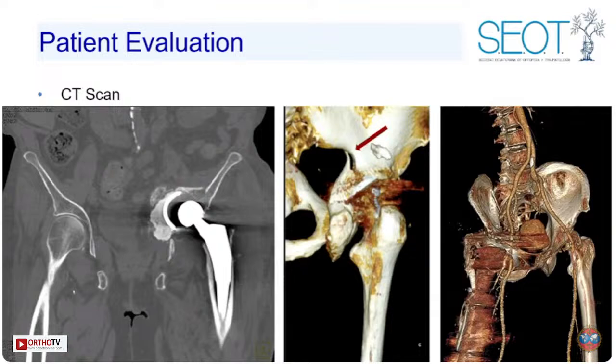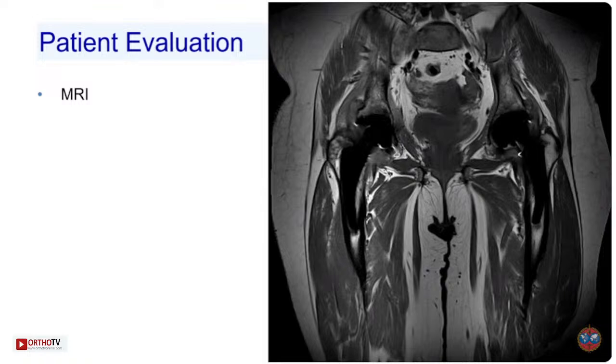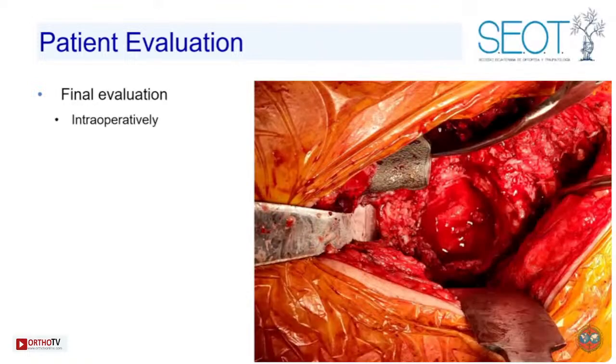It's mandatory to have a good CT scan also to check the magnitude of the defects, and to check if there are problems with the vascular components of the pelvis. And in some rare cases, we need an MRI to check, for example, for pseudotumors or for abductor mechanism deficiencies. And after the surgery, we will be able to decide which type of defect we really operated on.